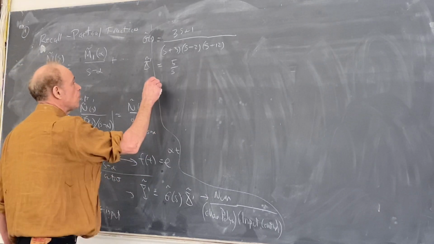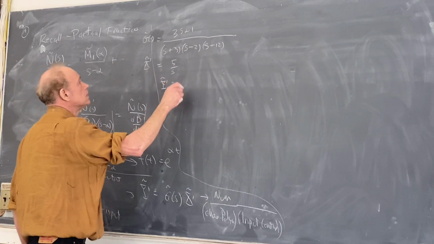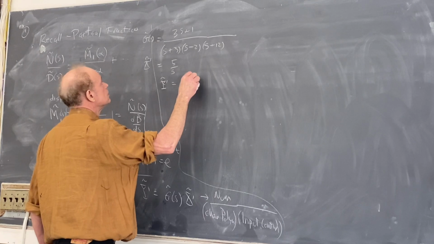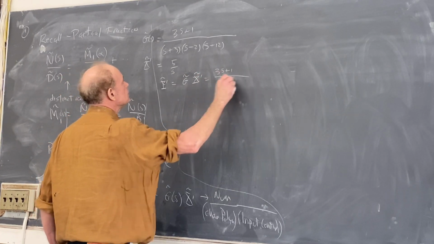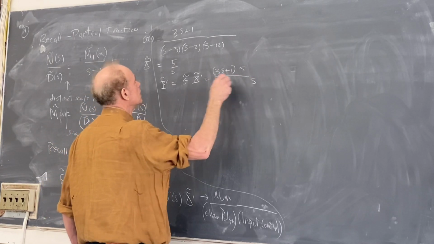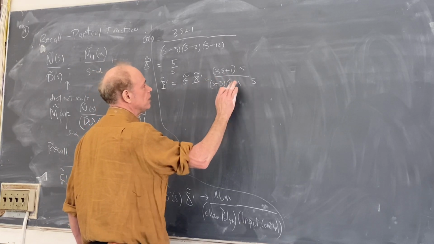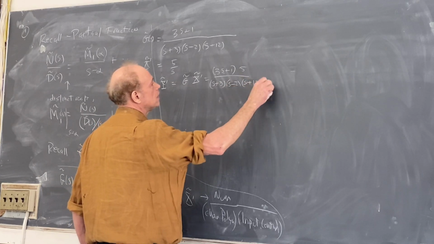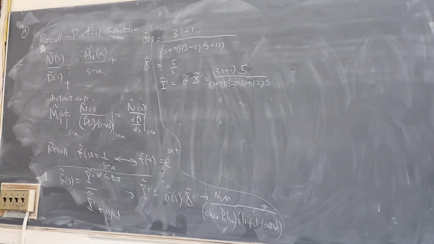So that tells me that y prime tilde is equal to g tilde times x prime tilde, which is 3s plus 1 divided by s plus 3, s minus 2, s plus 12, times 5 over s. And here I have an s, and this is a 5, not an s. So what's going on here?